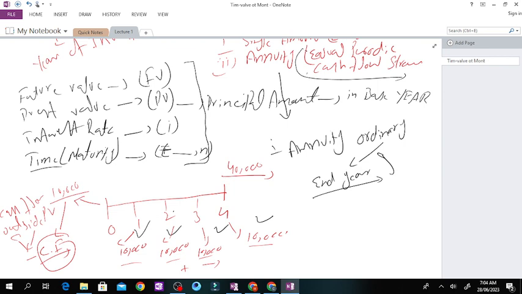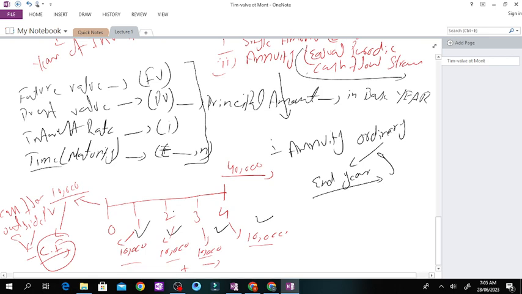For example, if you are getting the same salary, let's say 50,000, at the end of year 1 you will get that salary, year 2 the same salary, year 3, year 4, year 5, year 6, or you can say 6 months. So you are receiving the amount at the end of the month or at the end of the year. That is the case of an ordinary annuity.